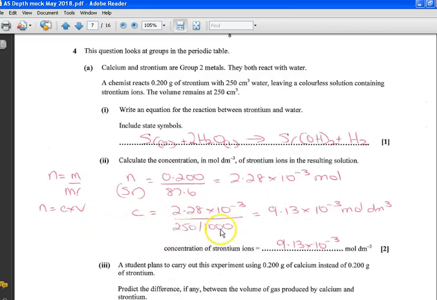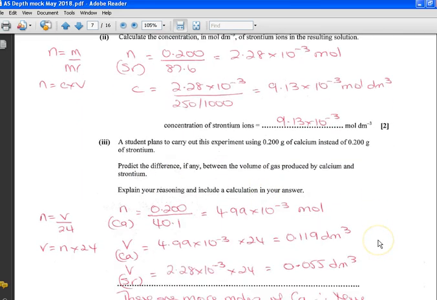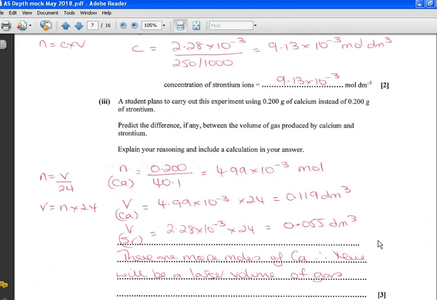Don't forget, obviously 250 divided by 1,000. Or you could do it up here multiplied by 250 over 1,000. Hang on, no, ignore what I'm saying. That's how I would do it, but there is another way of doing it which works just as well. Depends how confident you are with your maths. So concentration of strontium ions, there we are, 9.13 times 10 to the minus 3 moles per dm cubed.